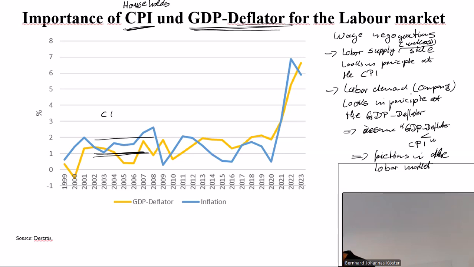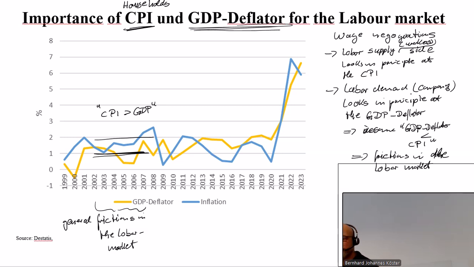So here CPI larger than GDP deflator, and this would mean general frictions in the labor market.